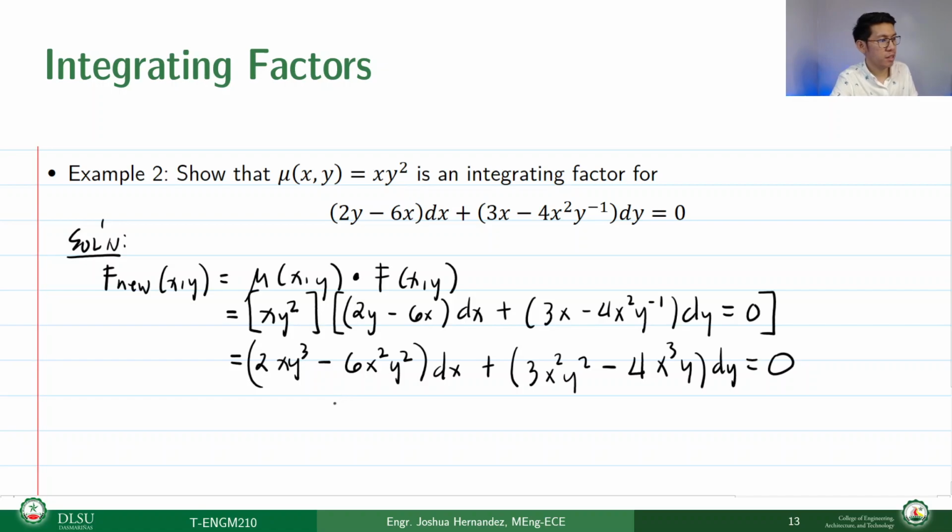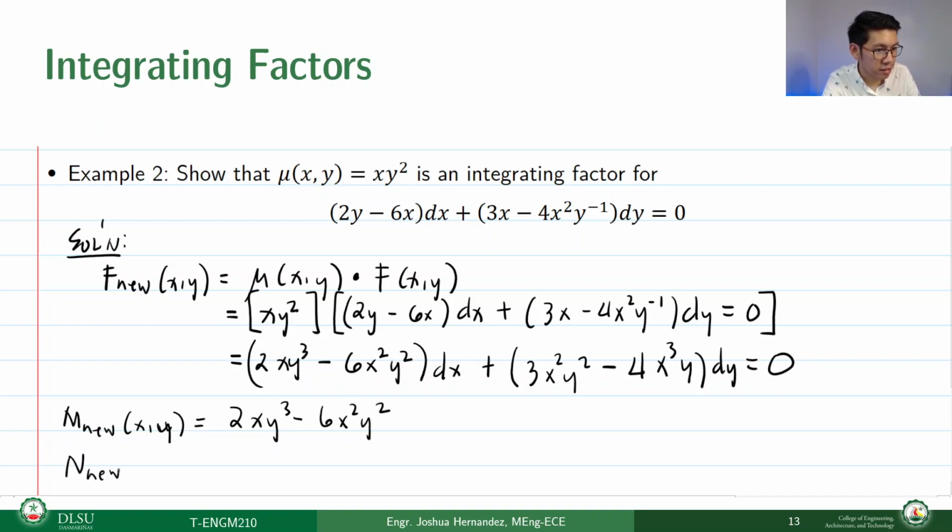Okay. Now, we can already identify that M new(x,y) here is 2x y cubed minus 6x squared y squared, and that the new N is 3x squared y squared minus 4x cubed y.